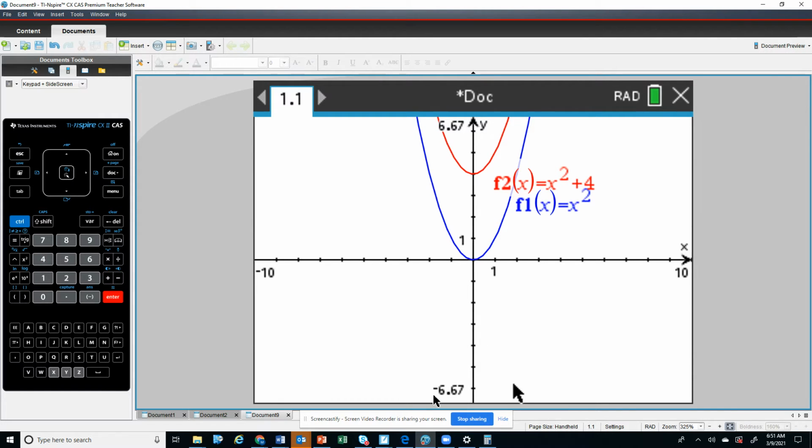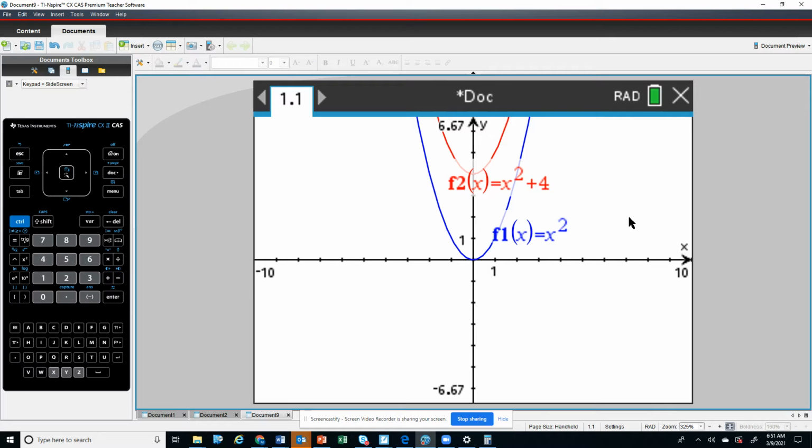Now what you're looking at is the transformed graph. It went from the parent graph 4 units up the y-axis. So this is the transformed graph. I can drag these around a little bit so you can see clearly what we're looking at. All right, right there.